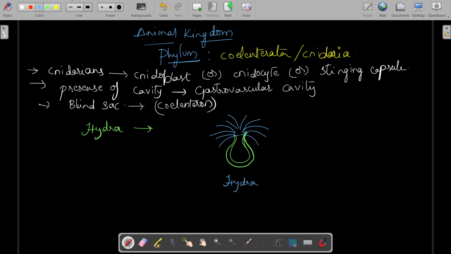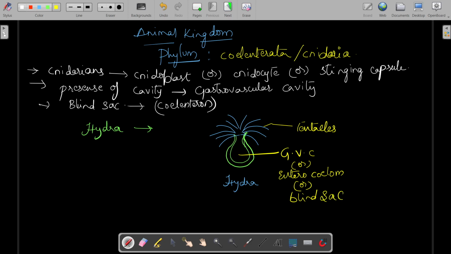These are the tentacles. This is the gastrovascular cavity or enterocoelon or blind sac.